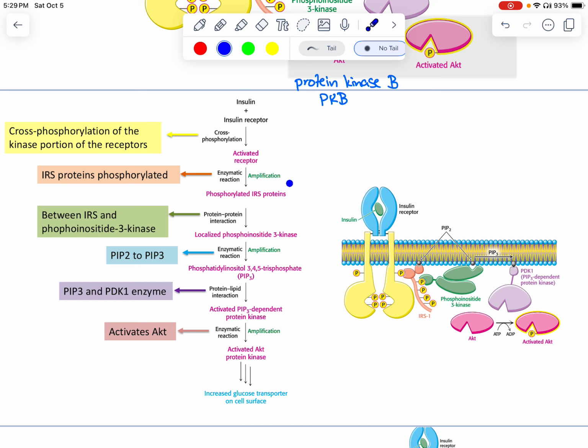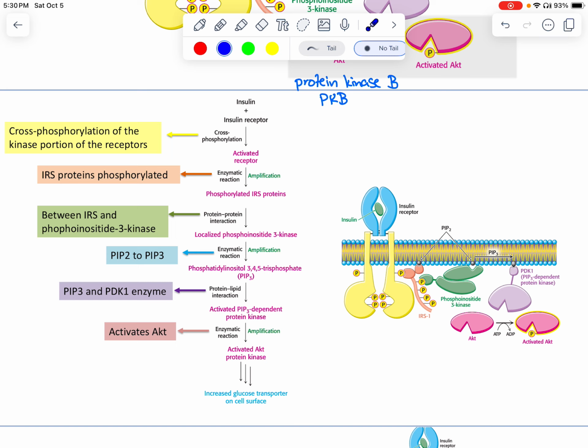And notice the idea here of amplification, that this amplifies the signal. And the reason for that is that this, once it's activated, can phosphorylate many IRS, not just one, but many molecules. So having one insulin bound activates these that can then activate and phosphorylate many of these IRS1. Okay. We get this protein-protein interaction, these attractions between the proteins, which then activates this protein to phosphorylate the PIP2 to form the PIP3.